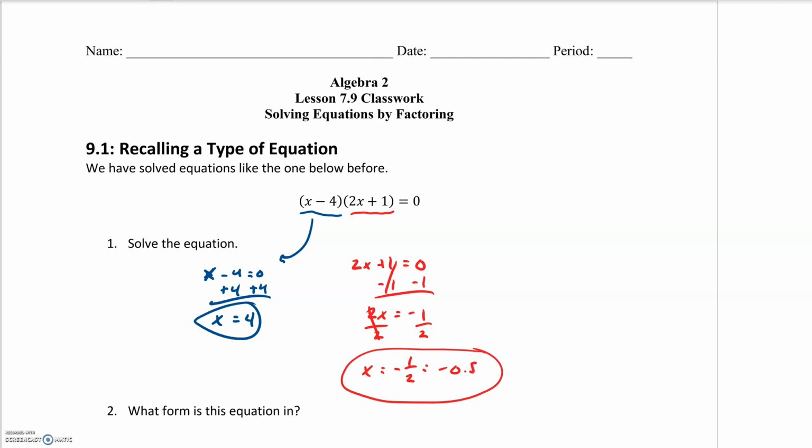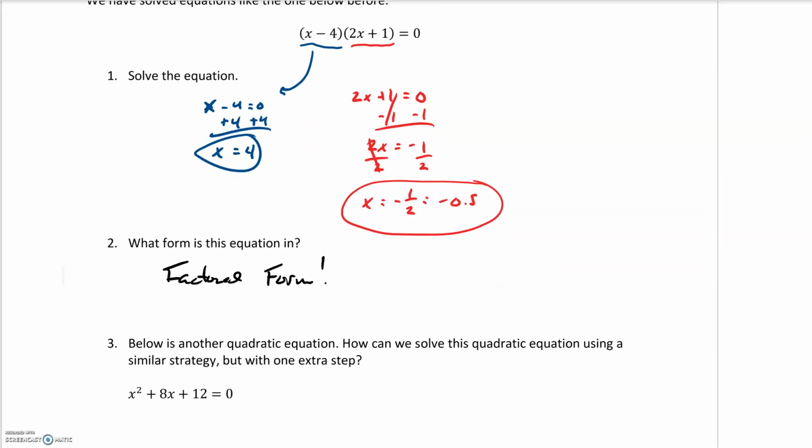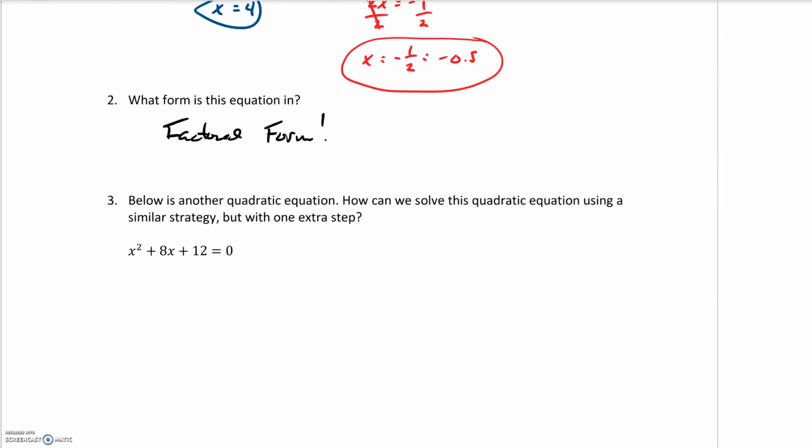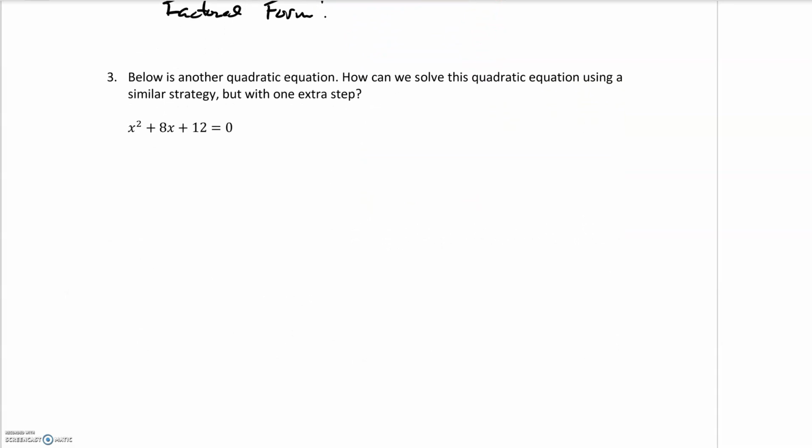Okay. Now that was solving equations that were in factored form, right? So this equation on top was in factored form. Here's another quadratic equation. We're going to solve this one using a similar strategy, but we have one extra step.